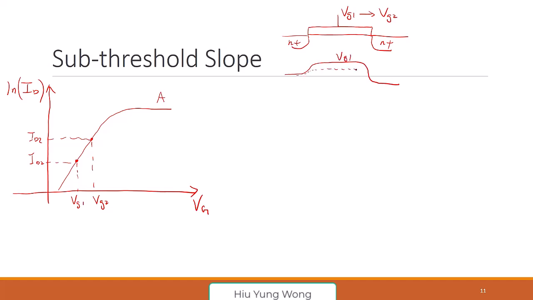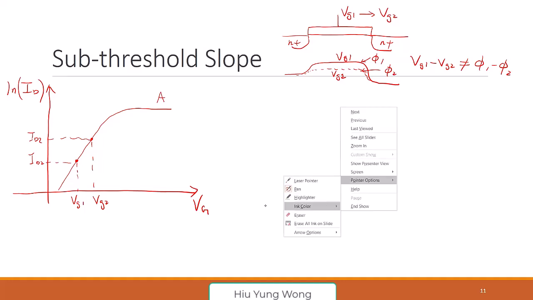And then it becomes VG2, right? But this potential is actually phi1 becomes phi2. Usually VG1 minus VG2 is not equal to phi1 minus phi2. Usually phi1 minus phi2 is smaller. And this is because we have a depletion capacitance.